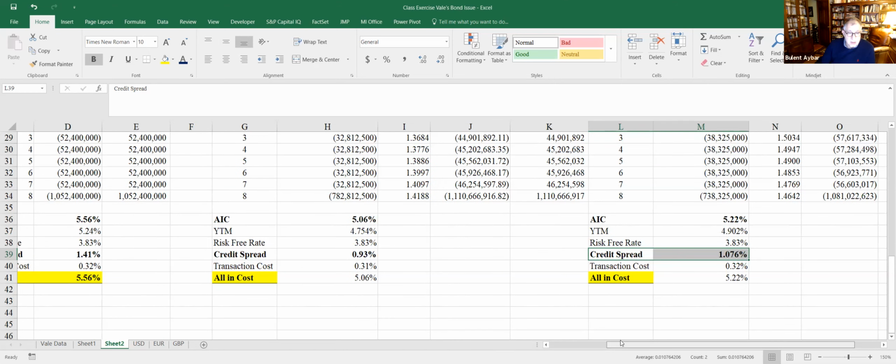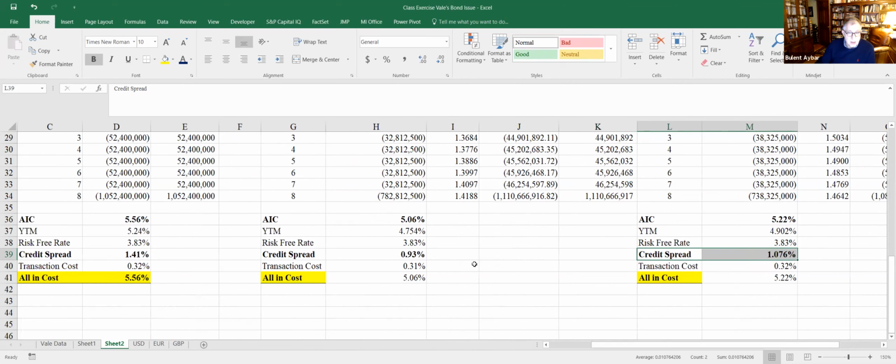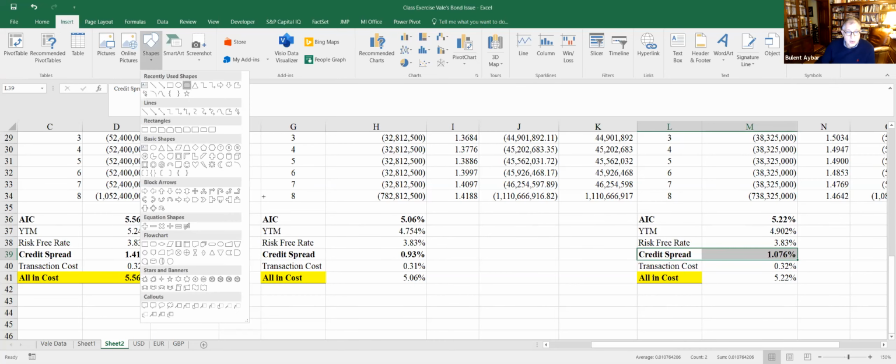Actually, this is the second highest as compared with the other one. So it appears that the company would benefit in borrowing in the pound. I'm sorry, in the euro segment.